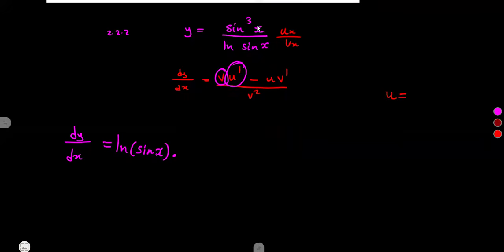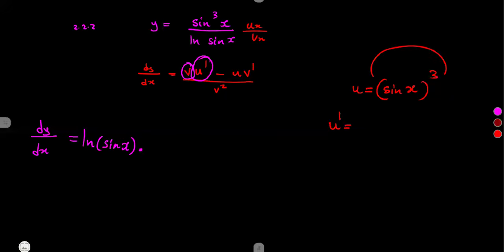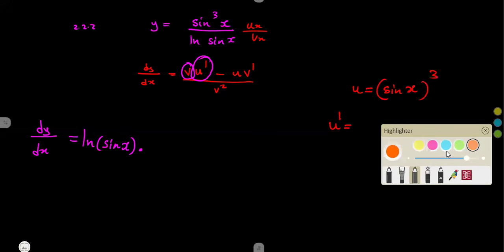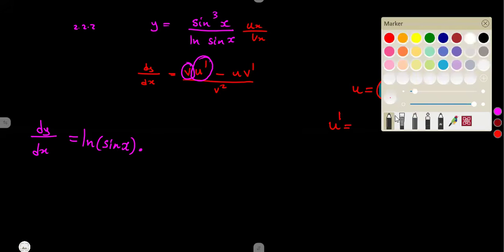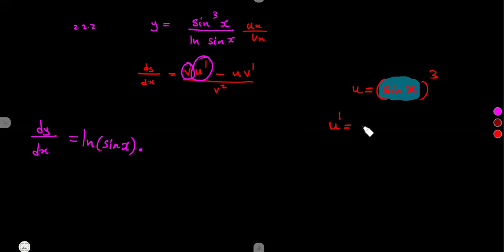Because this u, sine to the exponent of 3, is the same as sine of x to the exponent of 3. As we differentiate our u with respect to x, we look at the power. We drop that power, we subtract 1, because we are considering this as our function to be represented as our u, like when we use a function of a function. So we drop the power 3.